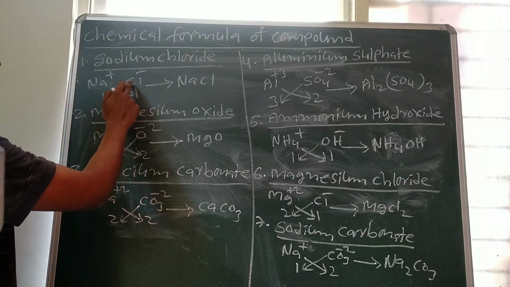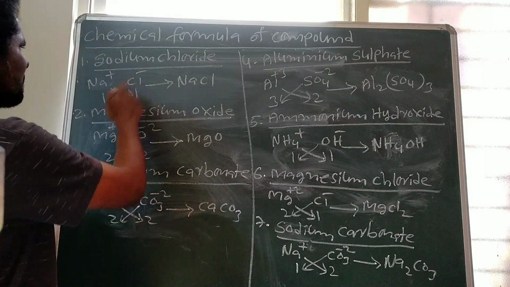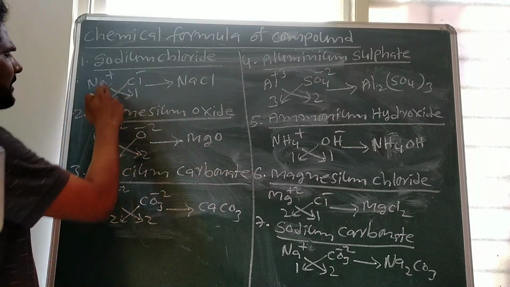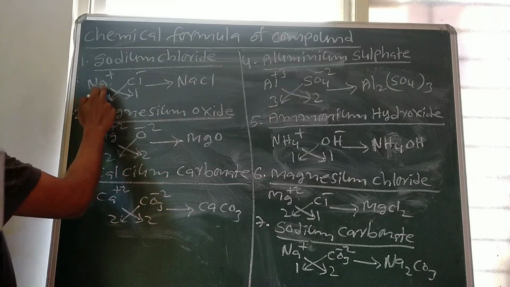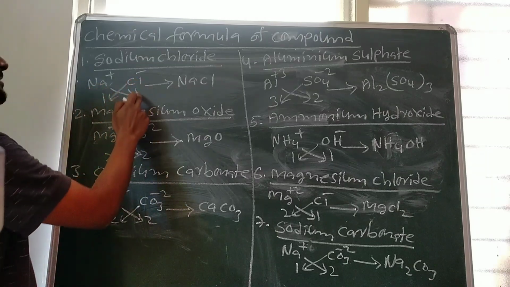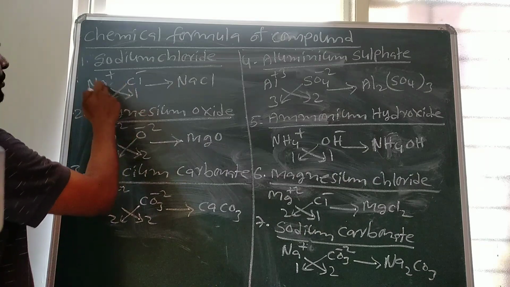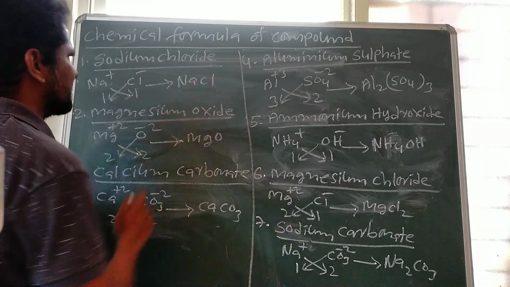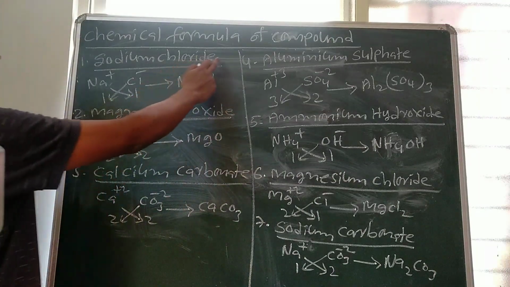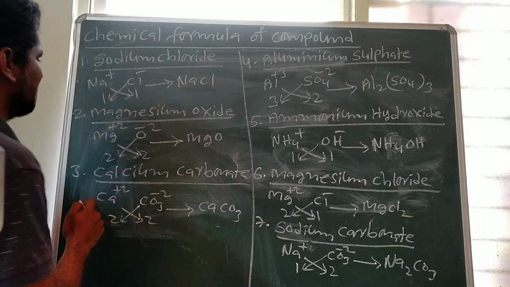Charges are applied by the crisscross method. Crisscross method means the charges are exchanged oppositely. Here sodium charge 1, chloride charge 1, so the two charges cancel. So the formation of sodium chloride is NaCl. The molecular formula of sodium chloride is NaCl.